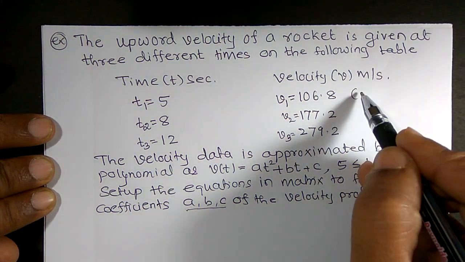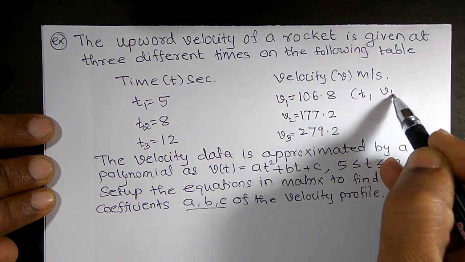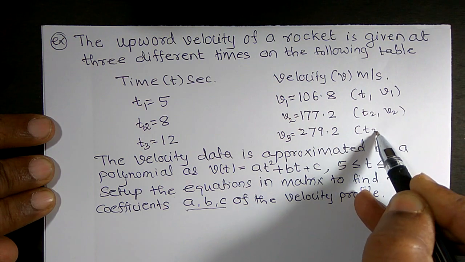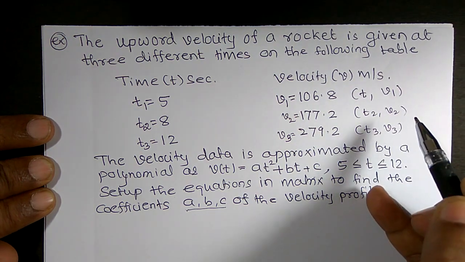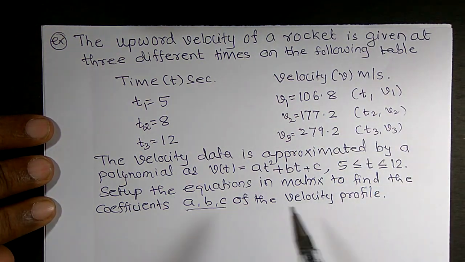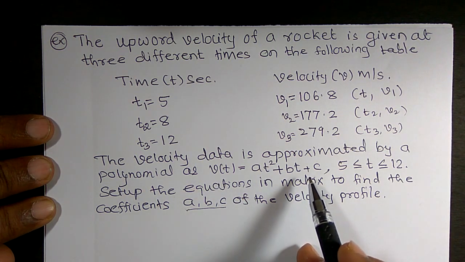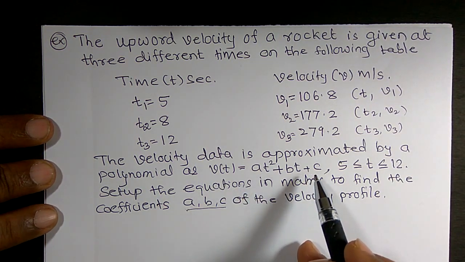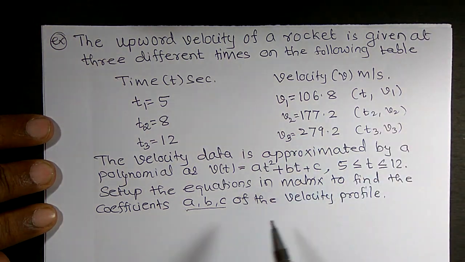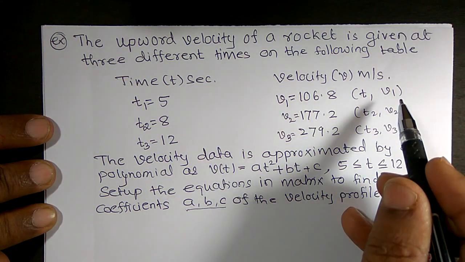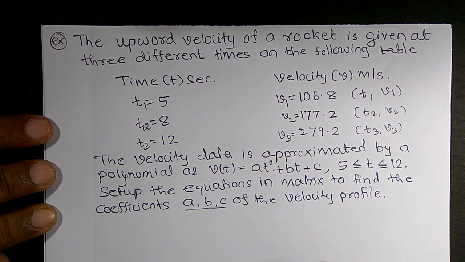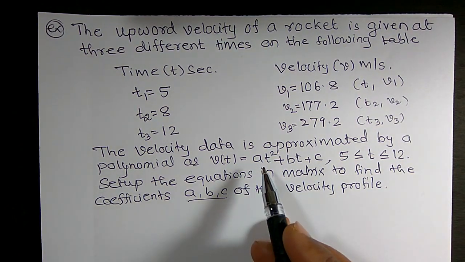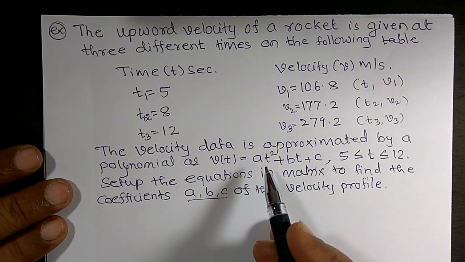It means we have obtained t1 v1, t2 v2, t3 v3. They have given 3 points. So all the 3 points pass through the polynomial v of t. It means in this polynomial I can replace t by t1 and v of t by v1. Using this information, I am able to write down the system of equations, right?